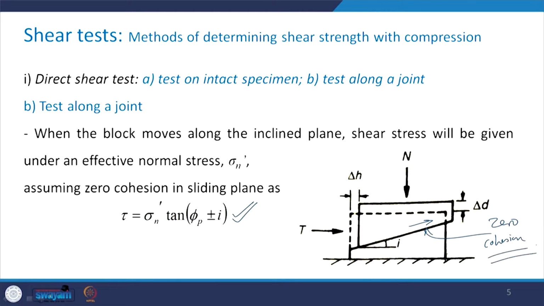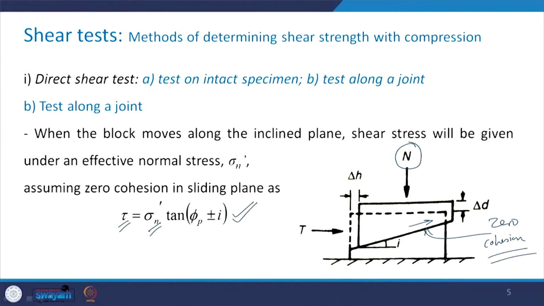So, you will have only the frictional component, where the shear stress is a function of the normal stress sigma n. Now, how do we obtain this normal stress? We know the normal load N, and we know the area along which the shearing is taking place.